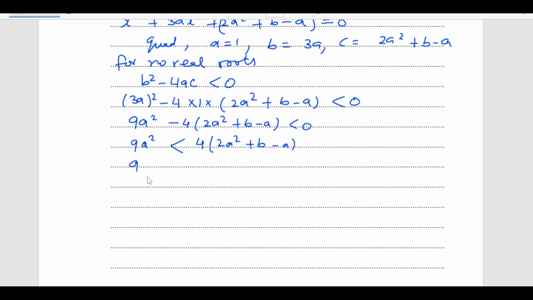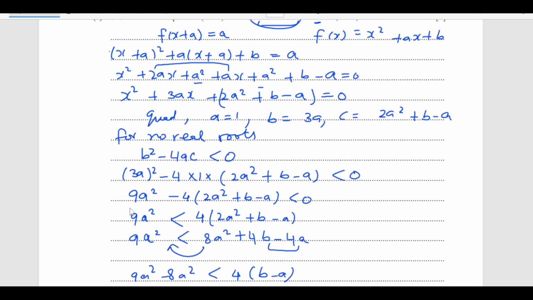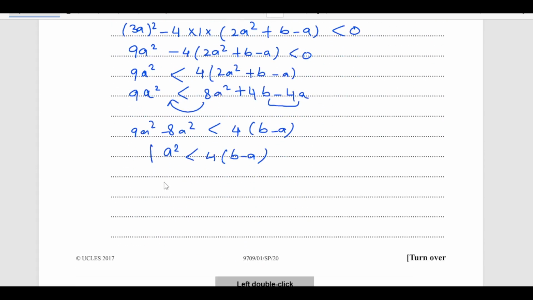When you expand this, 9a^2 is less than 8a^2 + 4b - 4a. So, shift this: 9a^2 minus 8a^2 is a^2, less than 4 times (b - a). I think that is what we need to prove. Yes, so hence we have proved that.